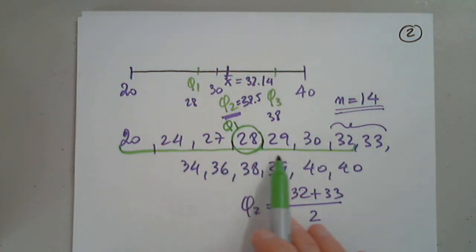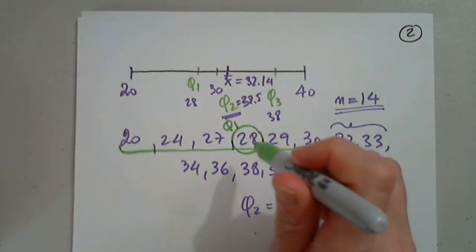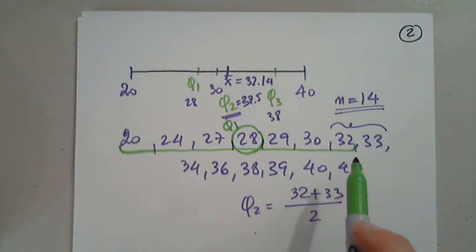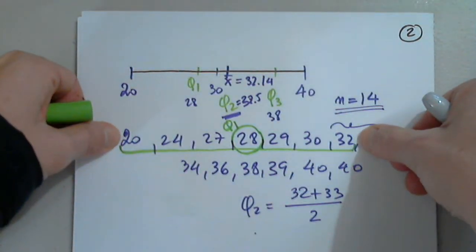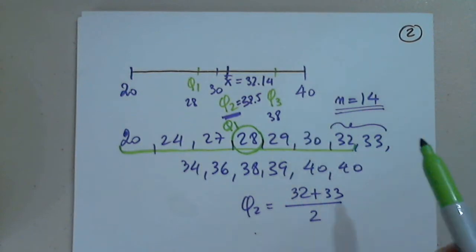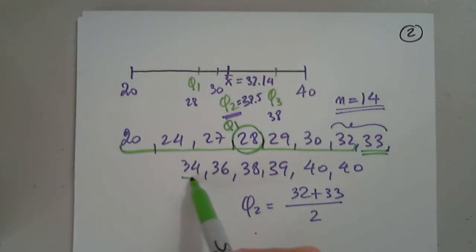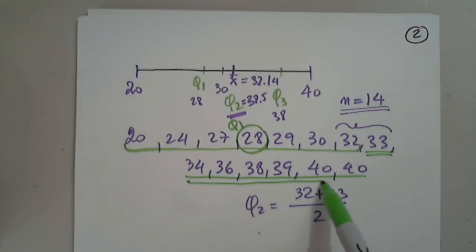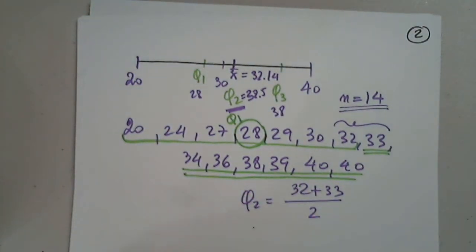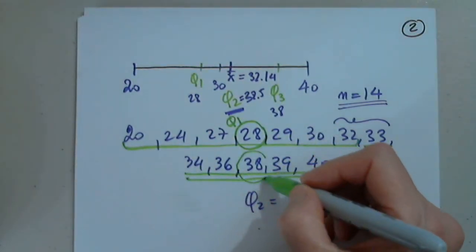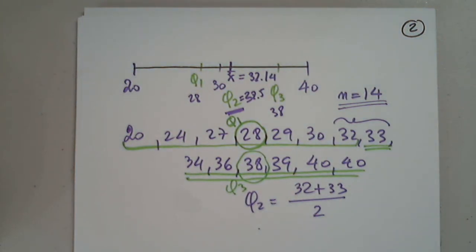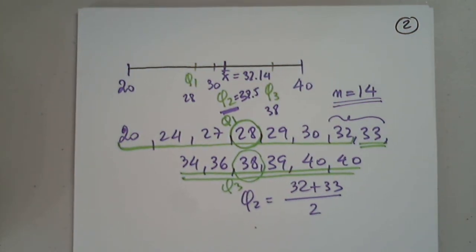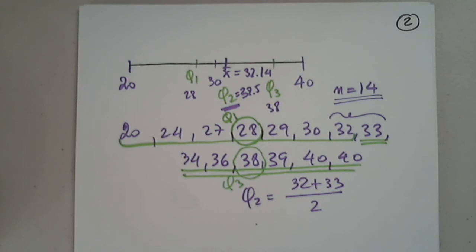Whenever we have an odd number of observations, the middle one, in ascending order, of course, the exact middle one will be the median of this data set. And of course, how did we get 38? The same thing. From here, I have 7 observations. The middle one is 38, so that will be Q3. That's how these numbers are obtained.